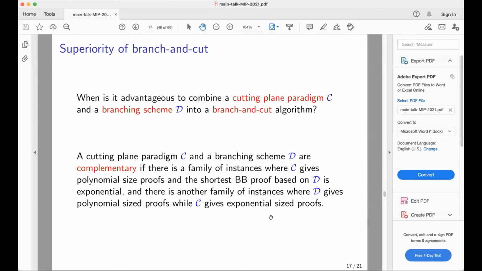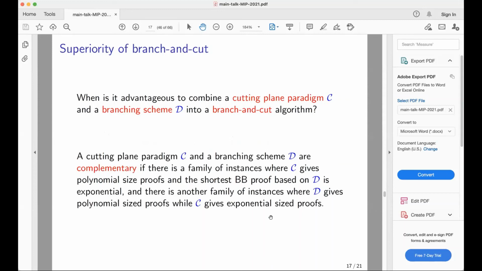So that motivated us to define this notion of when a cutting plane strategy and a branching scheme are doing different things. We say that a cutting plane paradigm or strategy and a branching scheme are complementary if there is a family of instances where the cutting planes are polytime and branch and bound on this branching scheme is exponential, and vice versa, there's no domination.